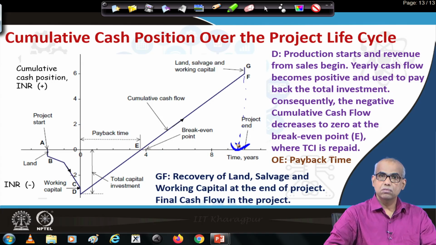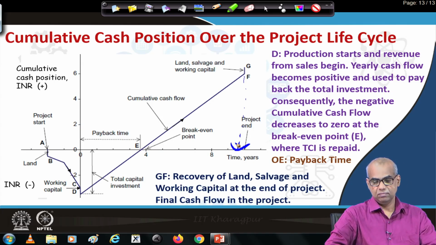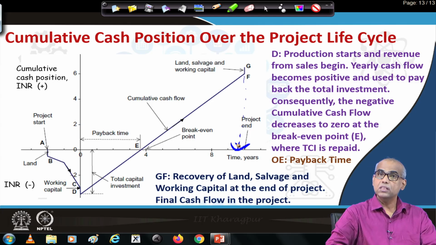The land can be used whatever way you want, maybe for another business venture. So, GF will correspond to the final cash flow to the project, which comes in the shape of recovery of land, salvage and working capital. With this, the entire life of this particular plant ends.